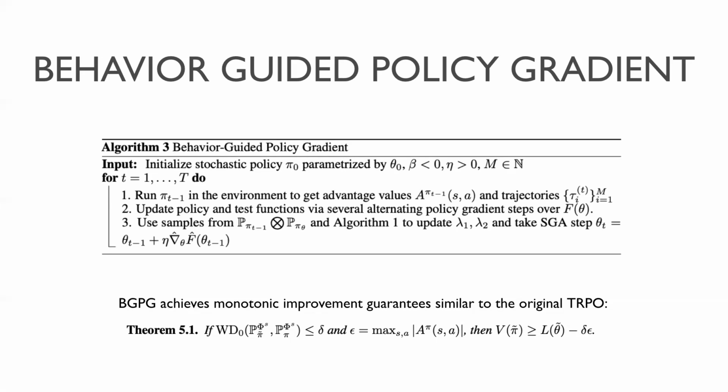One thing you can show, this is like the standard theorem that appears in all the deep learning papers, is that under some assumptions you have this sort of policy improvement theorem, just like TRPO, if you do some kind of trust region method using a Wasserstein distance.